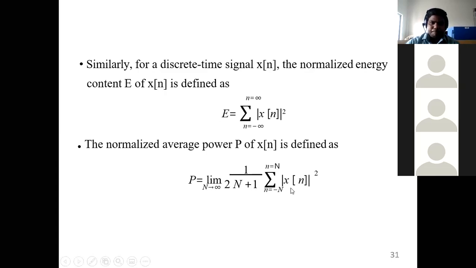So here the signal appears in both opposite versions of the graph, that is x of n equals x of minus n. That is the condition for a power signal.